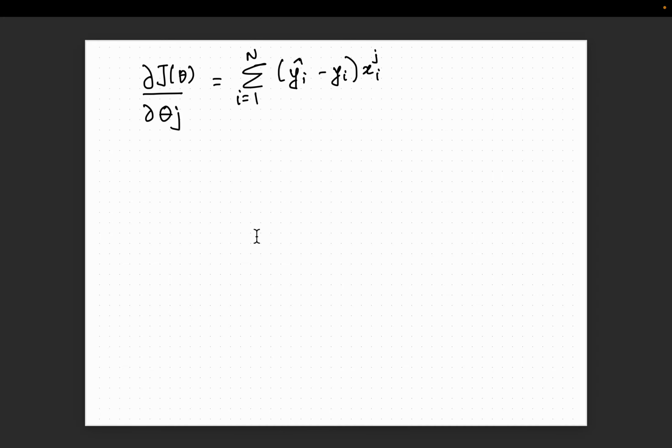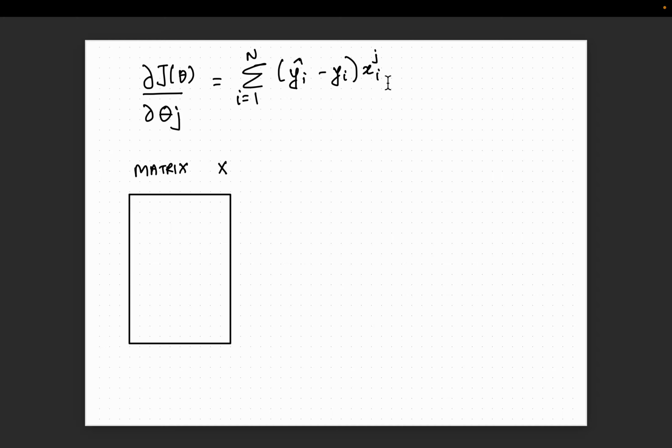Assuming you took a bit of time to try and solve that, we had stopped at this point. Del J theta with respect to del theta j is summation i equal to 1 to n yi hat minus yi into the jth component of xi. Now, whenever we're trying to solve such problems, I generally recommend drawing out the respective matrices and vectors with some simple notation, which will help you solve.